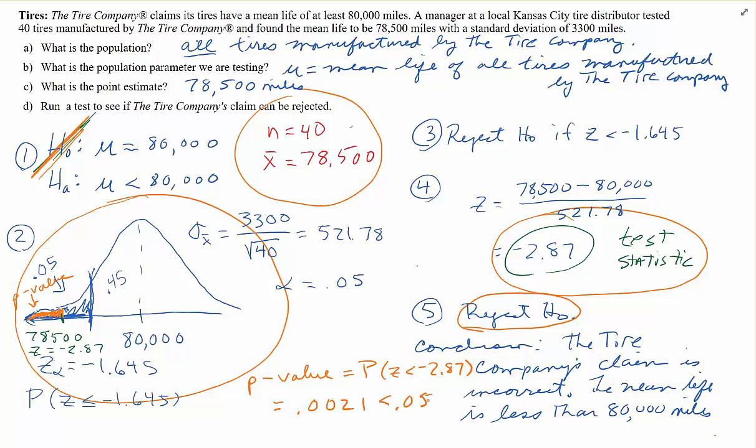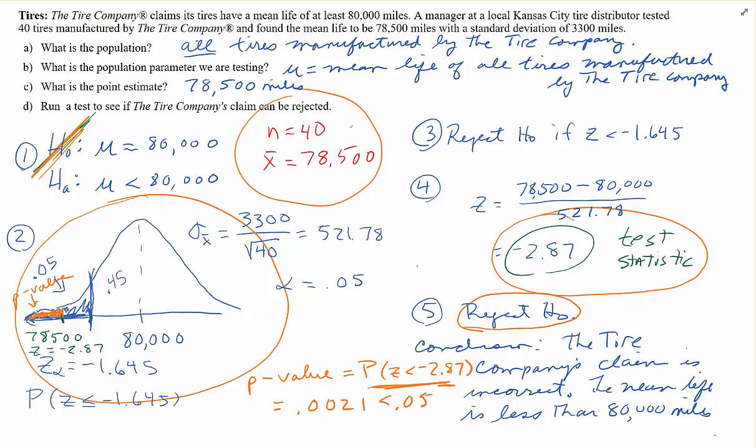So the p-value is the probability of observing a value of the test statistic that is at least as contradictory to the null hypothesis as the one computed from the sample. And that probability for us is 0.0021 or 0.21%.